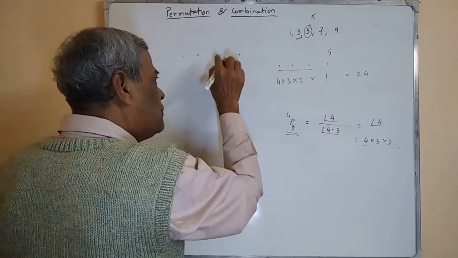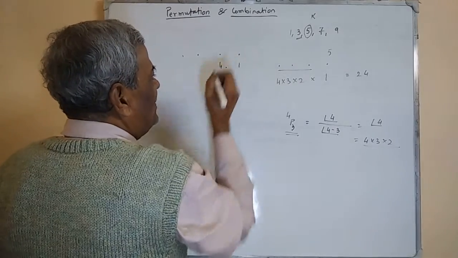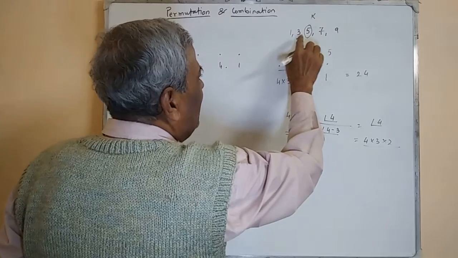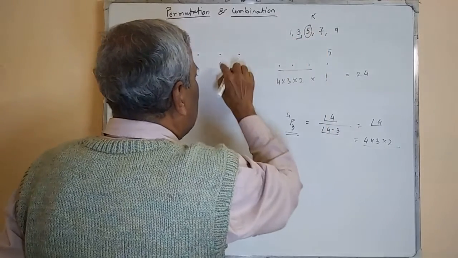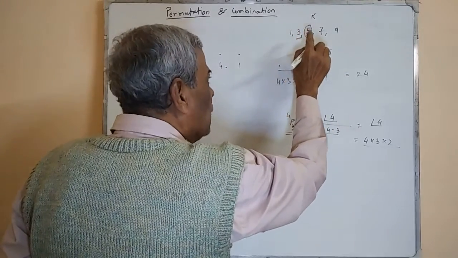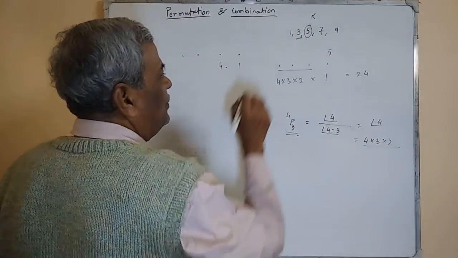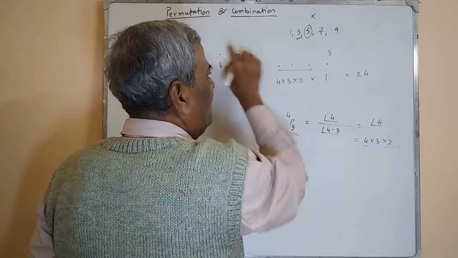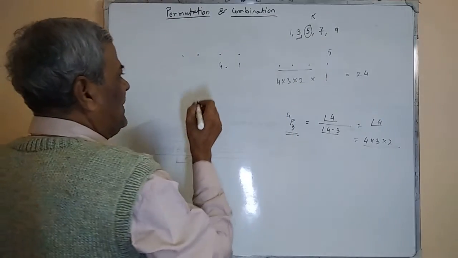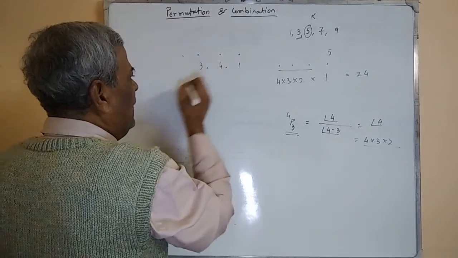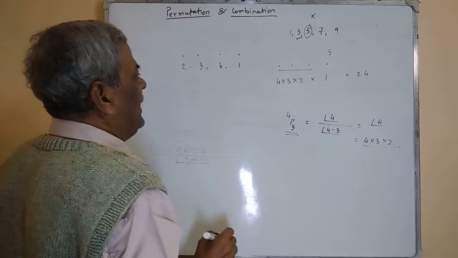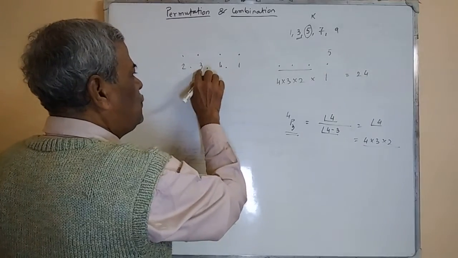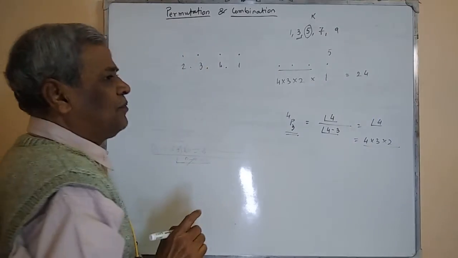For each of those 4 ways, the third one: 5 is engaged there, and out of these 4, 1 is used here, so 3 are left. So this position can be filled up in 3 ways, and the next position in 2 ways. So the answer is the product of these, 12, 24. So 24 is the answer.